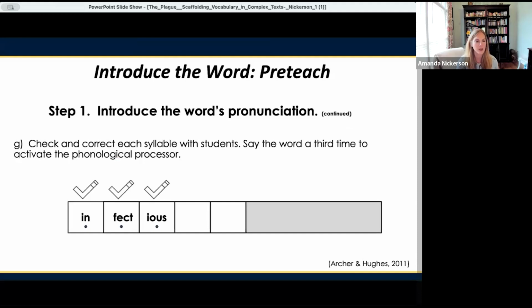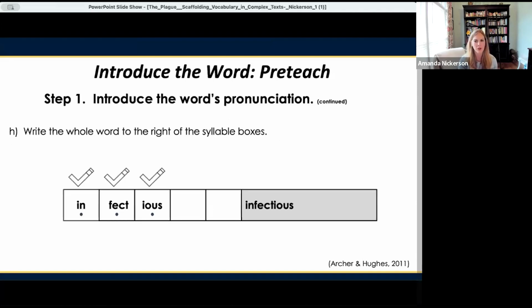And then I would put up an example to have them check and see how it matched up with my example. We could have a conversation and a chance for any corrections that might need to be made or modeling. And then they would write the word to the right of the syllable boxes, just like that. Now, that is a very short process.